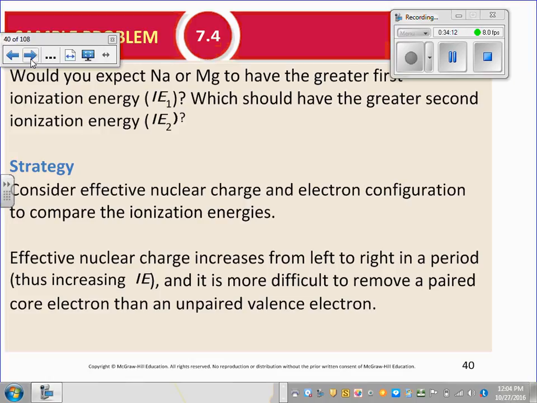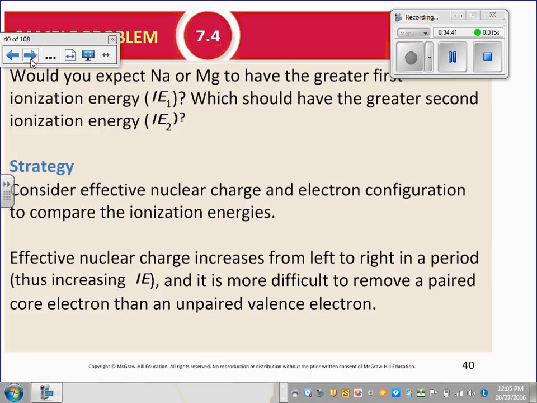Magnesium has 12: 1s2, 2s2, 2p6, 3s2. So if I look at these two, their outermost electrons are both in the 3s subshell. Sodium has 1, magnesium has 2.